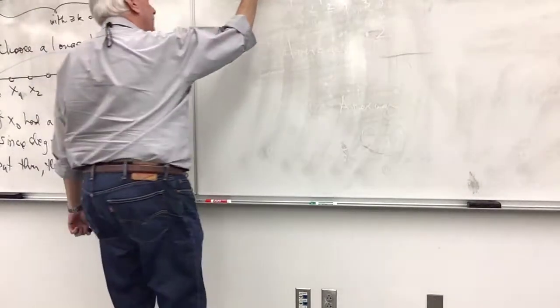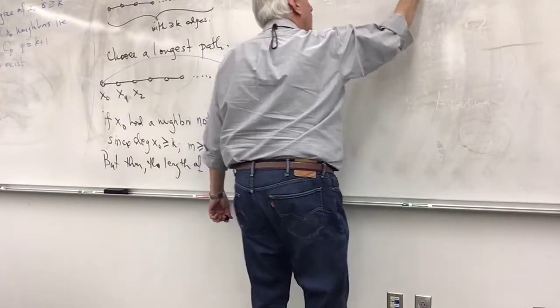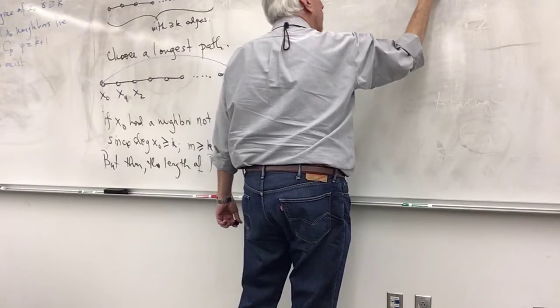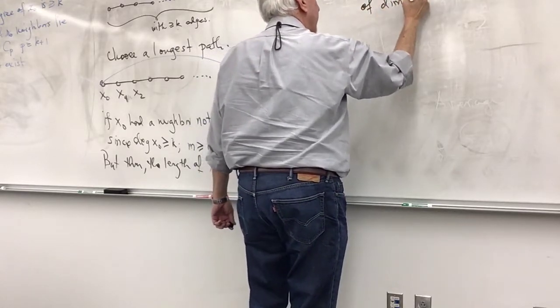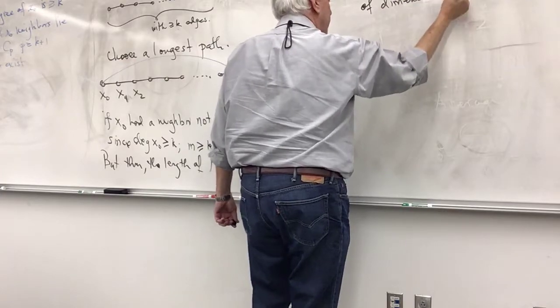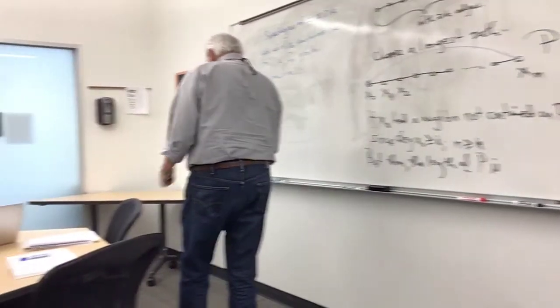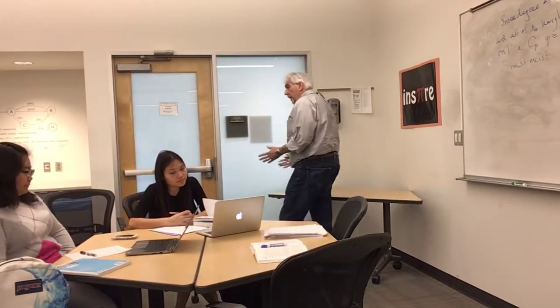But let's look at the 0, 1 vectors of dimension, let's just say n, of dimension n. So is it clear what I mean by the 0, 1 vectors of dimension n?